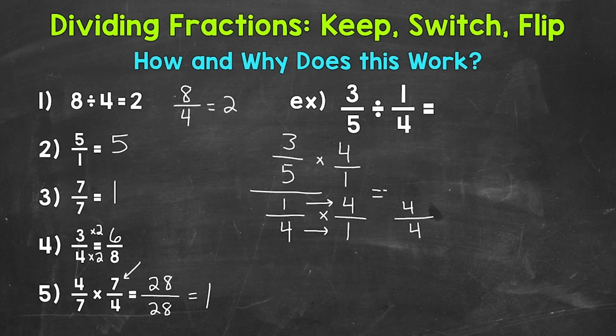Let's do our numerator. So 3 times 4, right here, is going to give us 12. And then 5 times 1 is going to give us 5. So we have 12/5 over 4/4. Now we know that when we have the same numerator and denominator, the fraction equals 1.